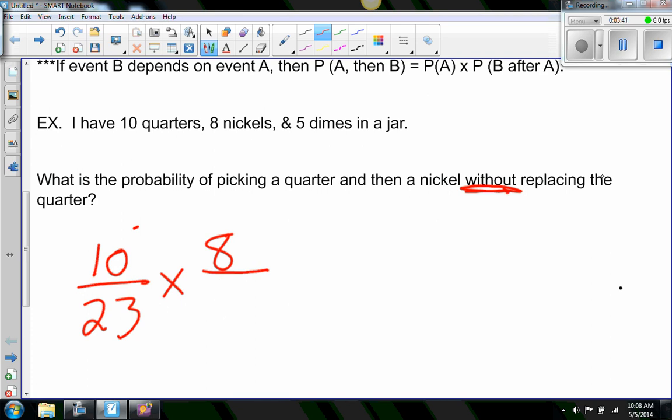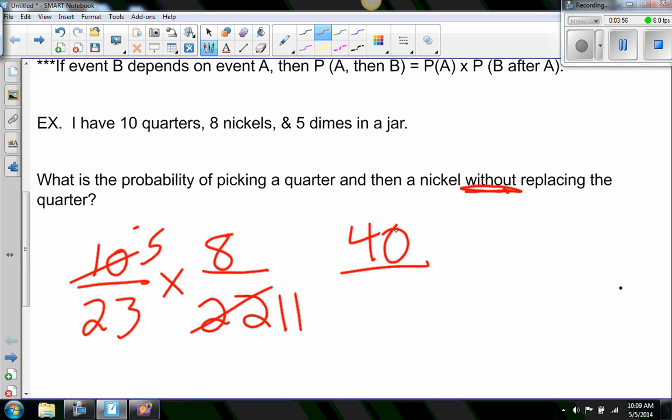If I didn't replace the quarter, there's 22 coins in there. So it's going to change the total of what's in there. So I can reduce these, right? If I divide by 2, it makes it a little bit easier. So 40, and then 23 times 11 is 253. And that cannot be reduced, so that's your answer.